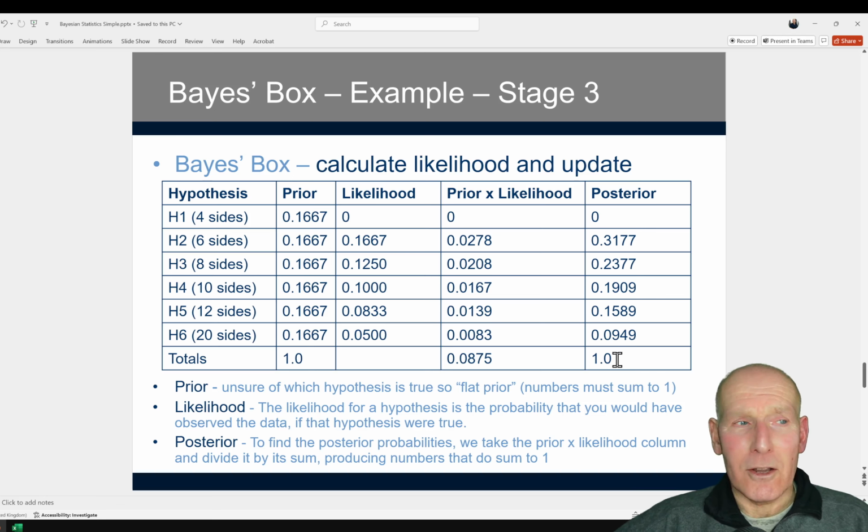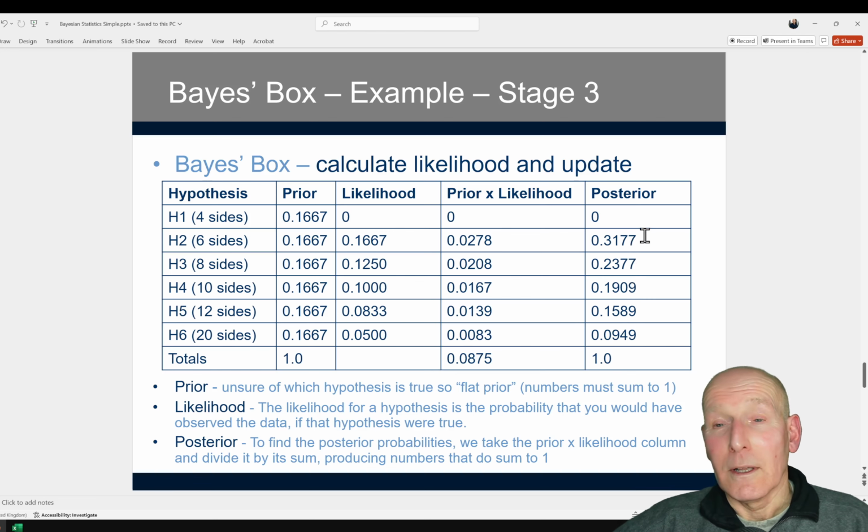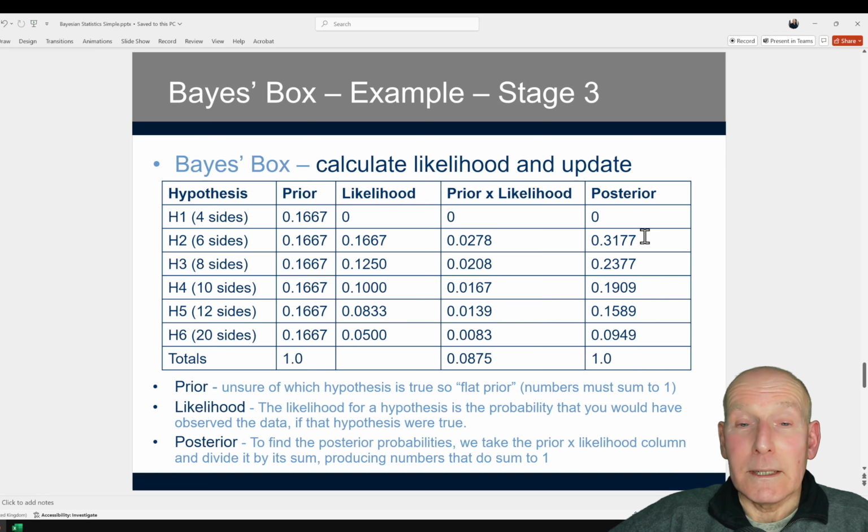And what does that actually mean? Well, it means that so far we've now got some probabilities for each of our hypotheses. And here they are. You can see that at the moment, based on this very simple one piece of data, our H1 probability is 0 because we rolled a 6, and there isn't a 6 on a 4-sided dice.